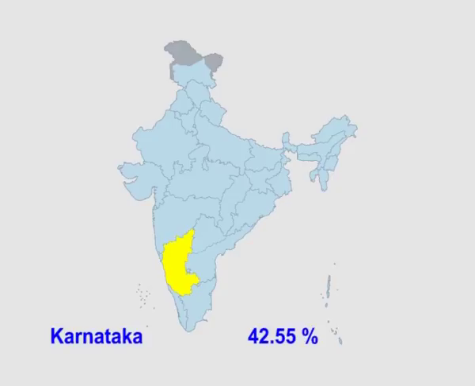Karnataka with 42.55% of the Indian production, Andhra Pradesh 33.58%, Maharashtra 11.70%, Punjab 3.23%, Haryana 3.1%, Bihar 1.61%, Tamil Nadu 1.35%, Uttar Pradesh 1.24%, West Bengal 0.56%, Orissa 0.44%, Nagaland 0.37%, Madhya Pradesh 0.19%, Chhattisgarh 0.07% and Rajasthan with 0.01% of the total Indian production.